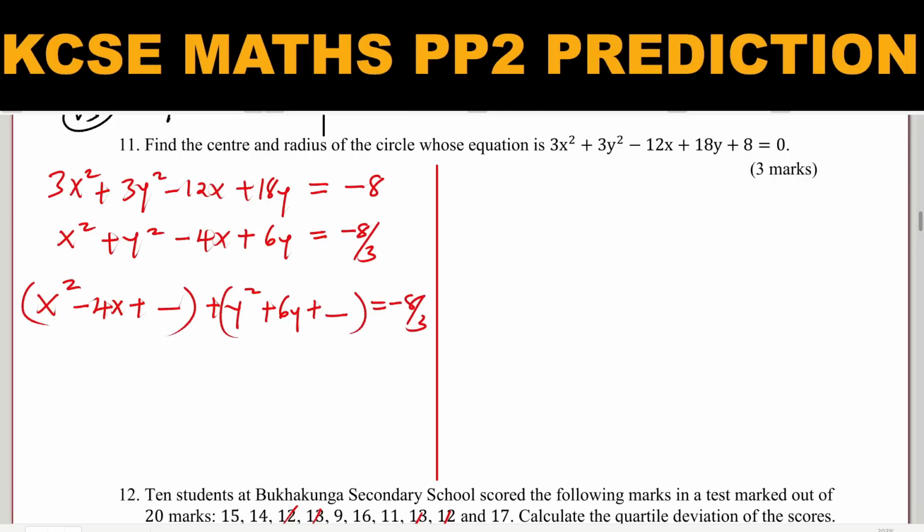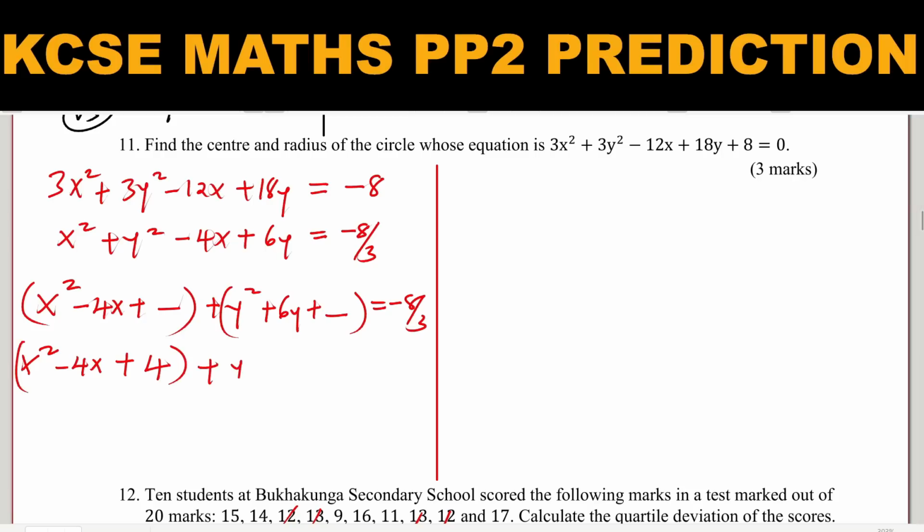So let's complete this. We have x squared minus 4x plus, to complete this, you get half of negative 4, that is half the coefficient of x. Half of negative 4 will give negative 2. Negative 2 squared, you get 4. So that is what you're going to add there.